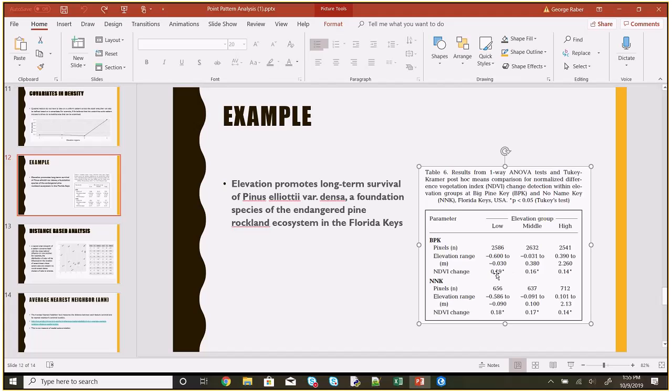So anyway, in the low elevation areas, the presence of the hurricane had more effect, and we actually used a test that we'll talk about in 715 called the ANOVA test to see if this was significant. Okay, because those look pretty similar. Okay, there was a 0.19 change versus 0.16 versus 0.14, so there was a greater degree of change.